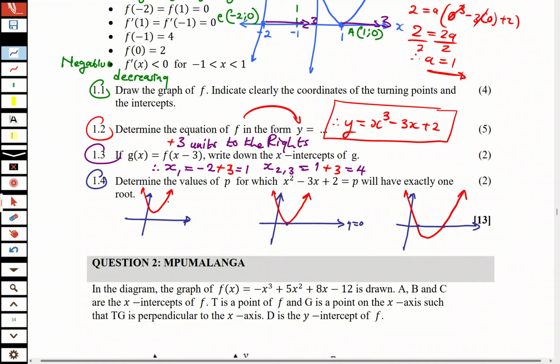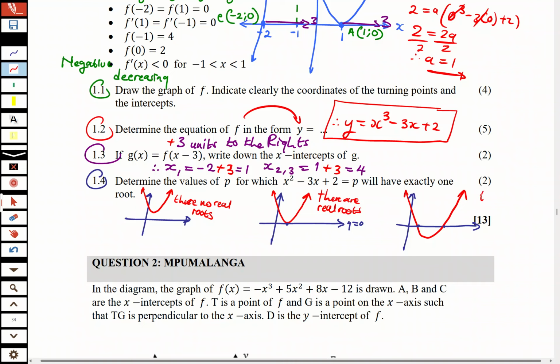You don't have roots here. So we say here that there are no real roots. You just have imaginary roots here. There are no real roots. So here you can say there are real roots. You can see them here.